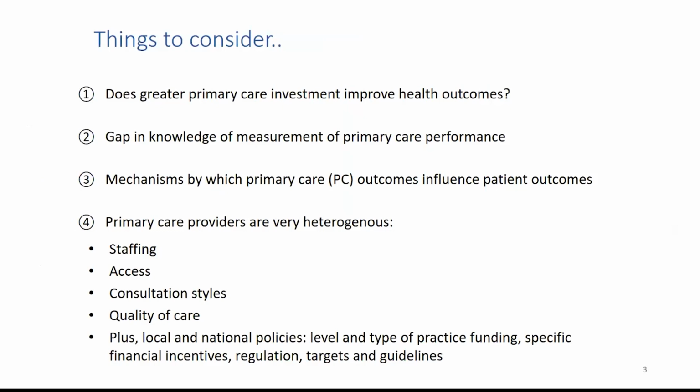Essentially, there are varying ways in which practices staff their practices, access, consultation styles, and quality of care. And this heterogeneity essentially plays a role in the variation of outcomes across general practices. And they're also influenced by local and national policies, which may not only produce health inequities, but continue to perpetuate them.